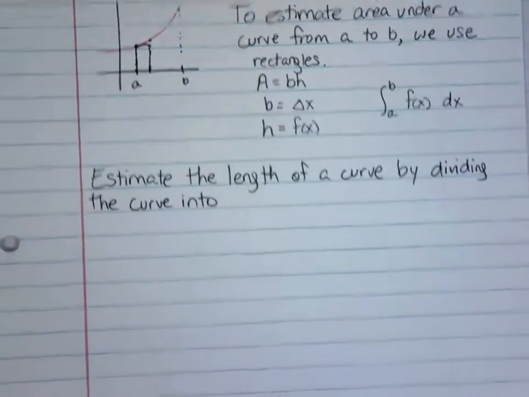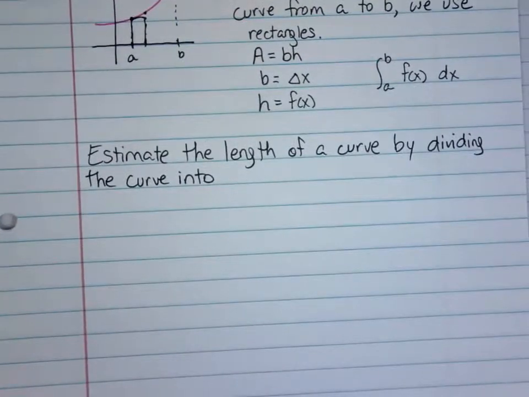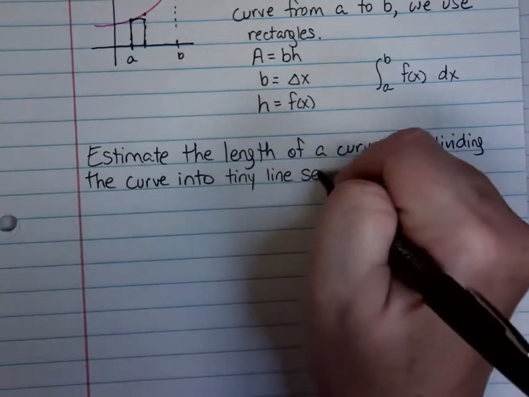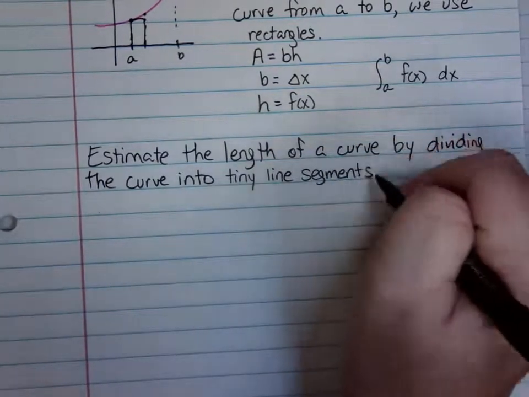We're going to estimate the length of the curve by dividing the curve into, if you cut a tiny piece of curve and you zoom it in really close, what would it look like? A little bitty what? It'd look like a line. Because linearization, don't we take a curve and zoom it in and we get a line? Yes? So we're basically going to take this curve and we're going to cut it into tiny line segments. So instead of rectangles, we're going to use line segments today.